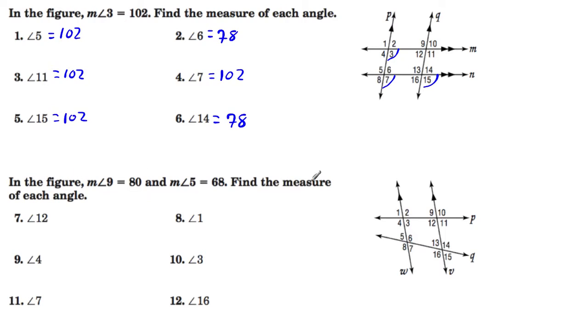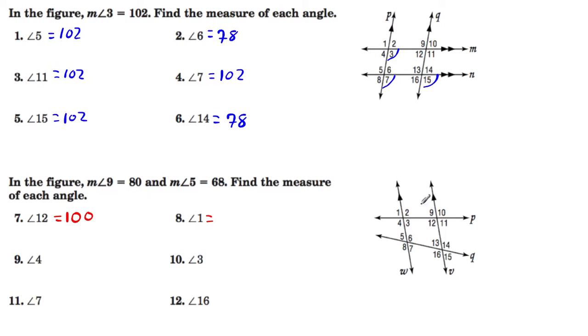All right, in this figure, angle 9 is 80 degrees, and angle 5 is 68. Sorry, I don't know why I said 56. Angle 12 is going to be supplementary to angle 9. That means that angle 12 is going to be 100 degrees, because angle 12 and angle 9 make 180 degrees, a straight line.